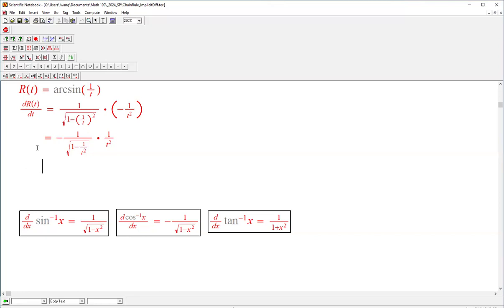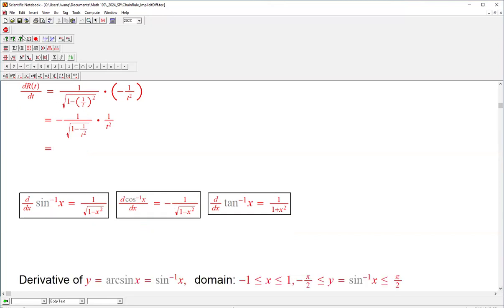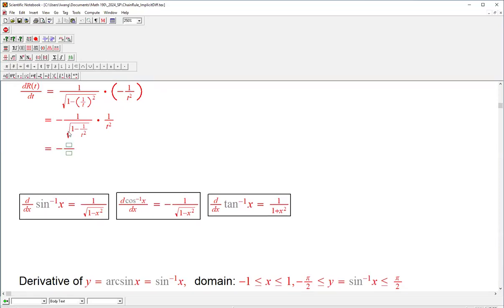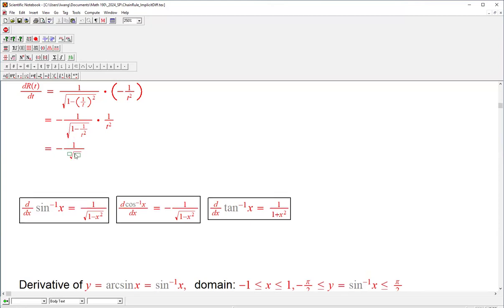Okay, so let me show you a couple more steps algebraically. You may like to derive along with me. So that equals, we have a negative. What we're going to do is have a common denominator inside the bracket.